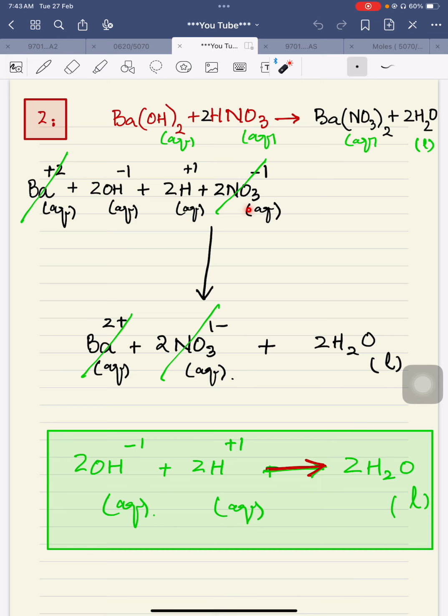What about the nitrate? It is also a spectator ion, so we are going to cancel the nitrate as well. Now what is the remaining equation? It will be just 2OH-, 2H+ and H2O in the liquid state. The final equation will be written afterwards.